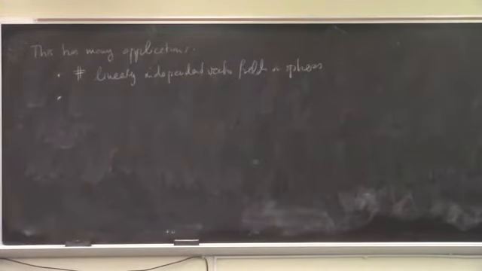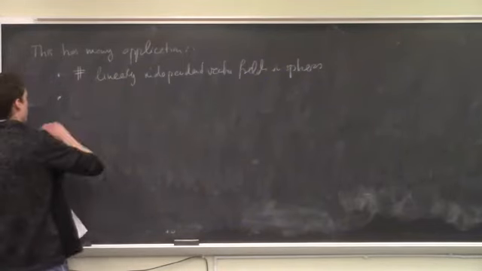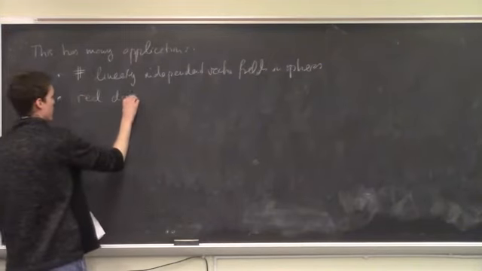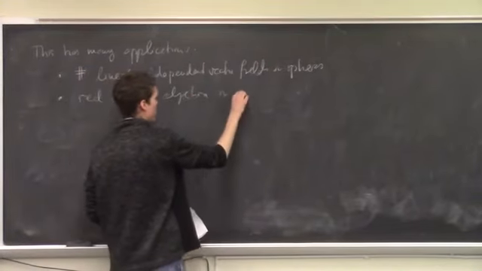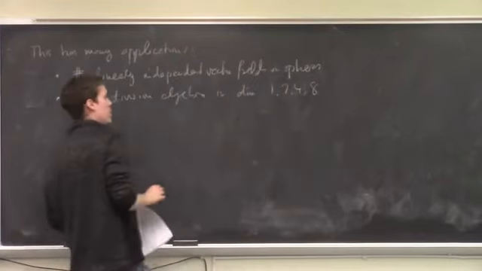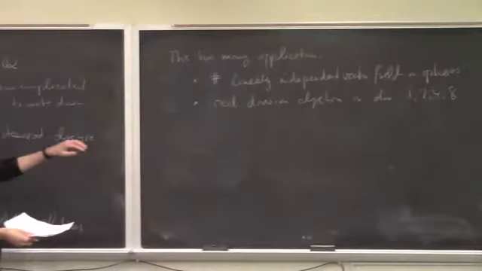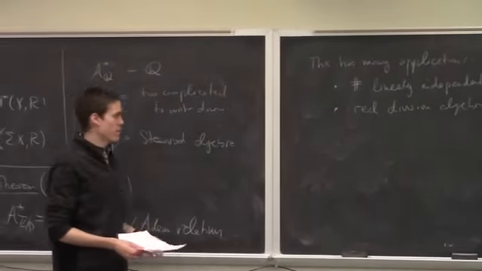I think this was done by Milnor. And what else? We have the proof that you only have real division algebras in dimensions 1, 2, 4, and 8. The first proof of this was done using these cohomology operations. Nowadays, people usually teach a different proof using topological K-theory, which is a bit simpler.